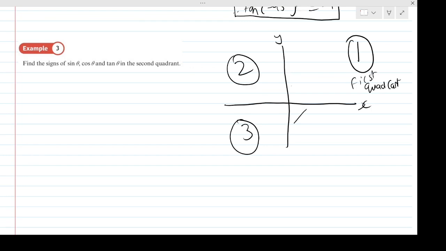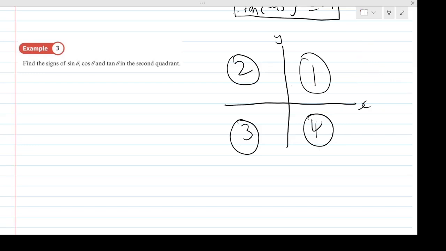And then lastly, we have the fourth quadrant, and that's when x is positive and y is negative, okay? And so we split this up into 4 different quadrants, and these are what we label these 4 spaces in the XY grid, okay?